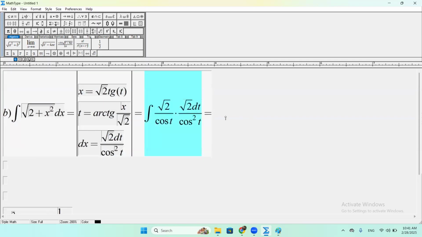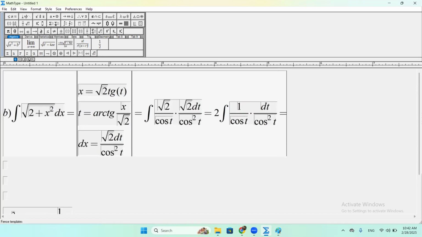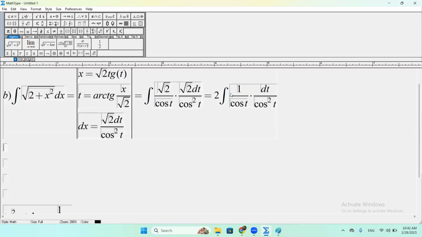Let me move these numbers out of the brackets. I will move 2 there, and this integral will be taken by parts. Let me start from a new line.